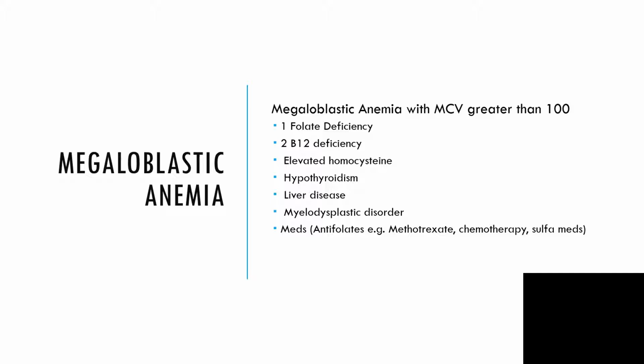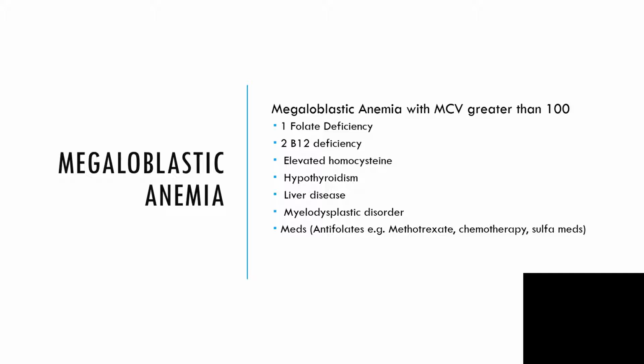Megaloblastic anemia, when MCV is greater than 100 femtoliters, is mainly found in folate deficiency or vitamin B12 deficiency, majorly. But that might not be the end of possible causes of megaloblastic anemia.